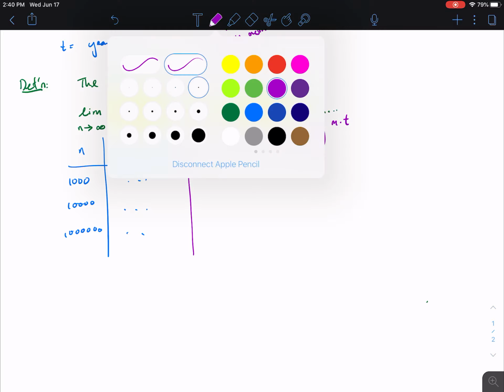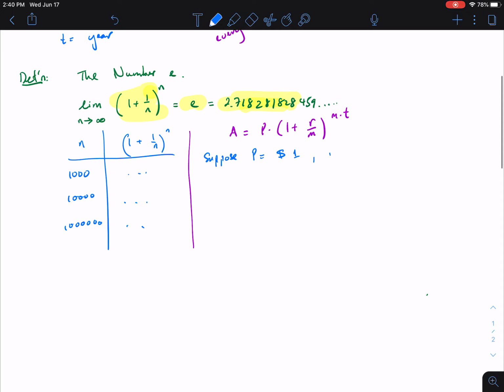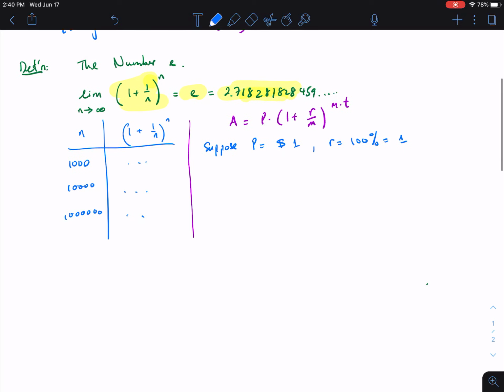Suppose your investment is $1. And you are investing it with the annual interest rate of 100%, which is going to be 1. And you are compounding it. The compound period is going to be continuously.